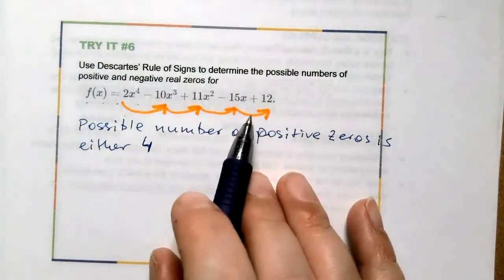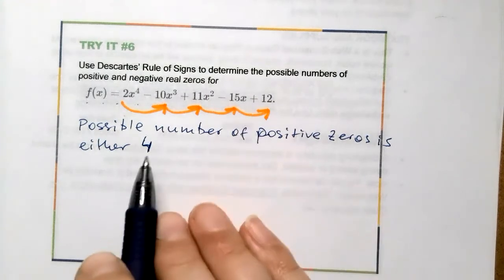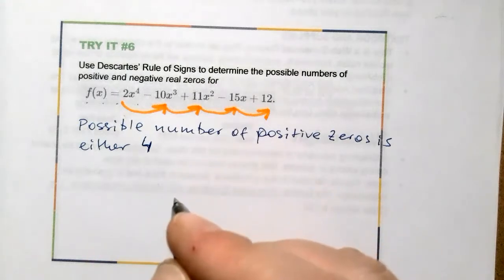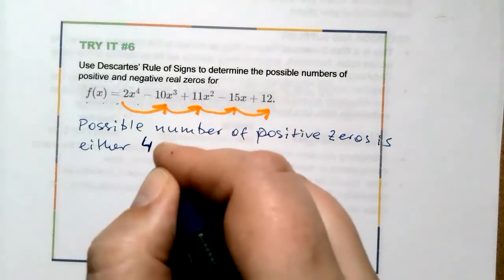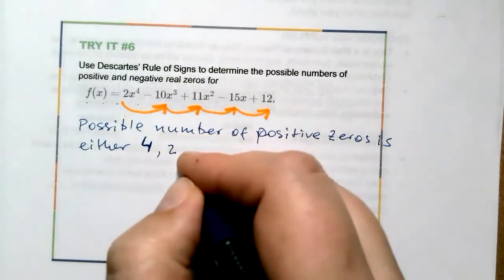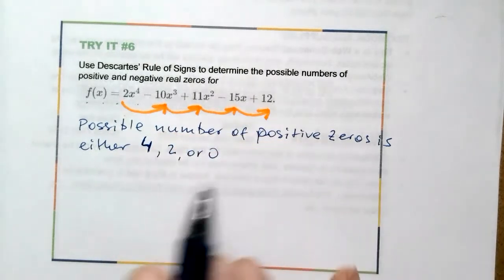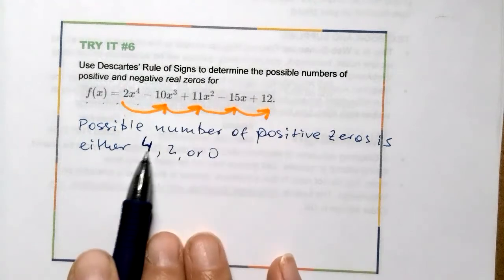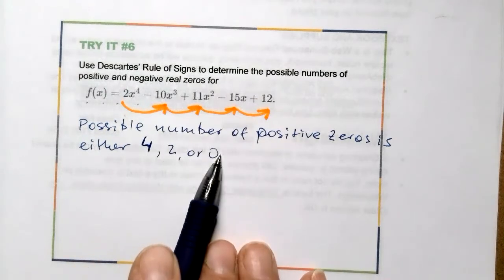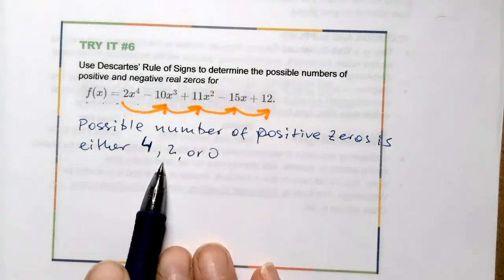But Descartes' rule says it could be less than that by an even integer. So subtract an even integer, the smallest even integer is 2. So subtract 2, we get 2 or 0. So the maximum is 4, or 2, or 0. So in other words, there could not be 1 or 3 positive zeros.